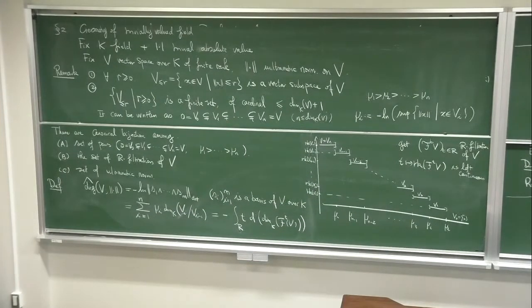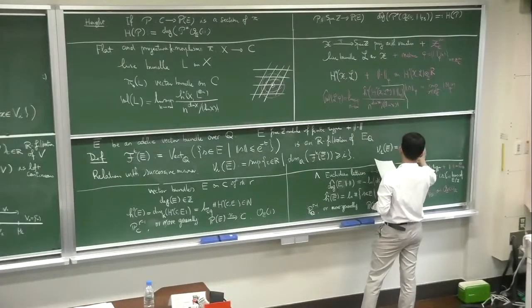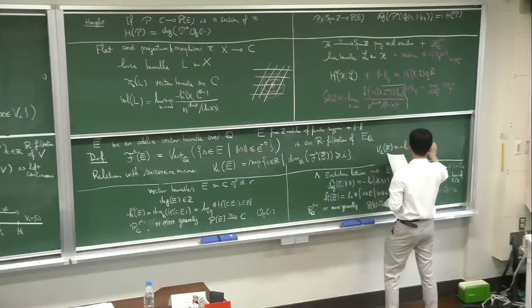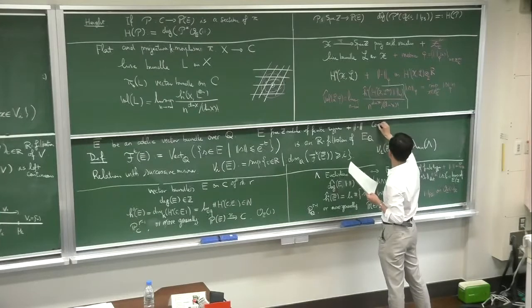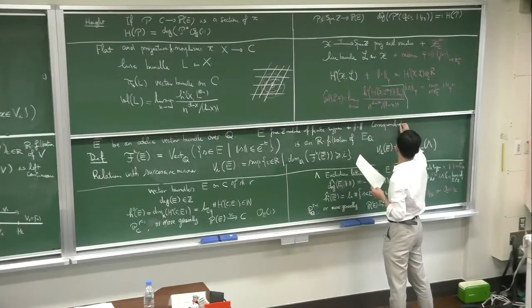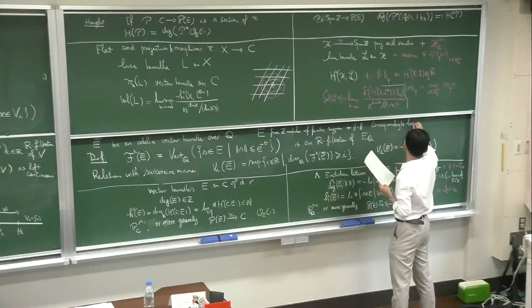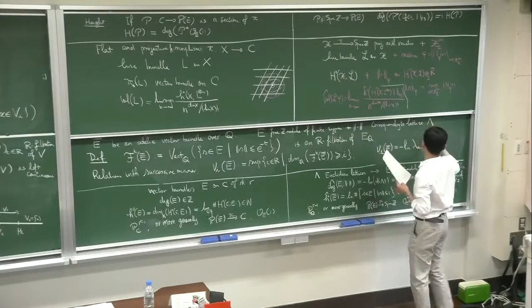Now what you can observe is that mu_1 of E bar is just minus log of lambda min of lambda, corresponding to some lattice lambda.